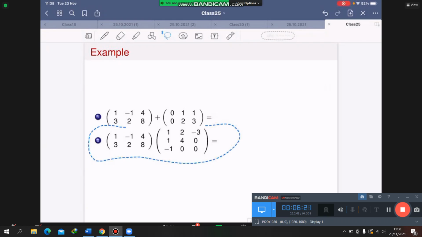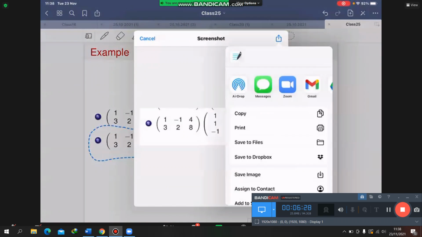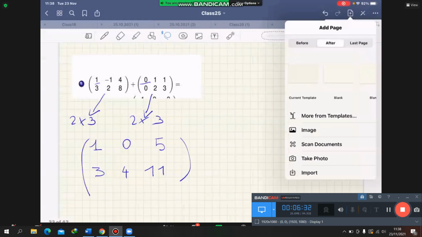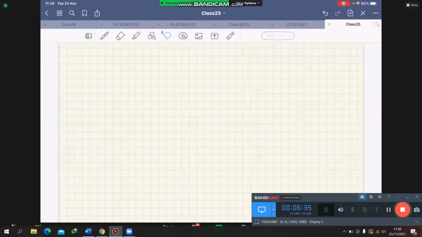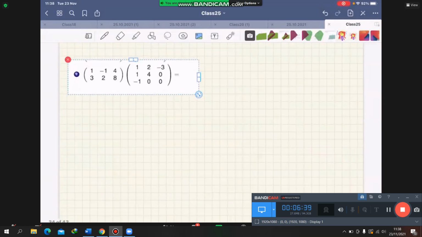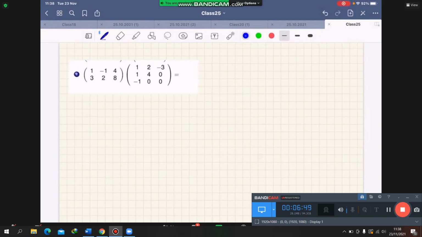Then let me copy. And let's multiply the two matrices. But first of all, we have to check that we can.